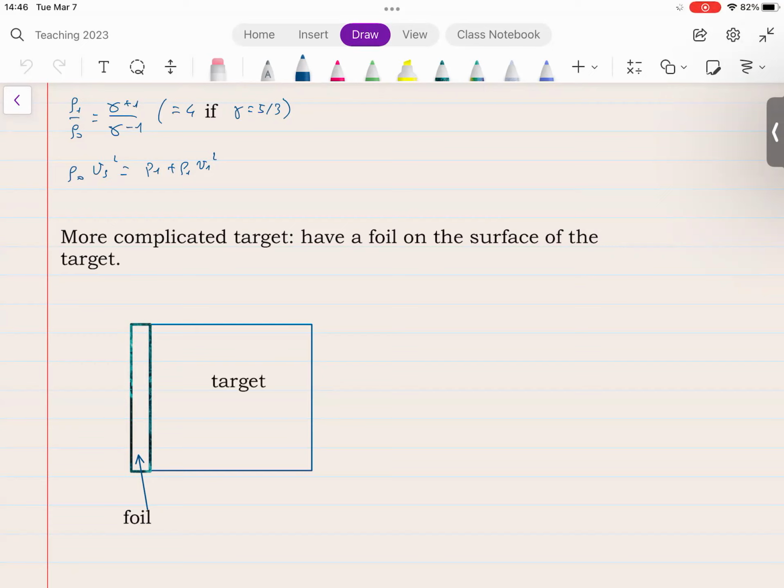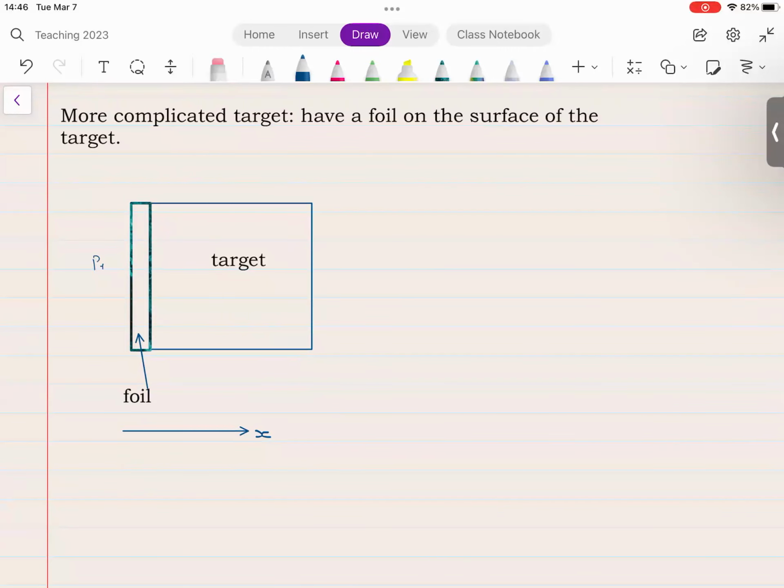And here I'm going to have pressure P1. Let me call this coordinate X again. That's not what ICF people do. It's always R, but well. This will be R equals 0. That's the center of the target.